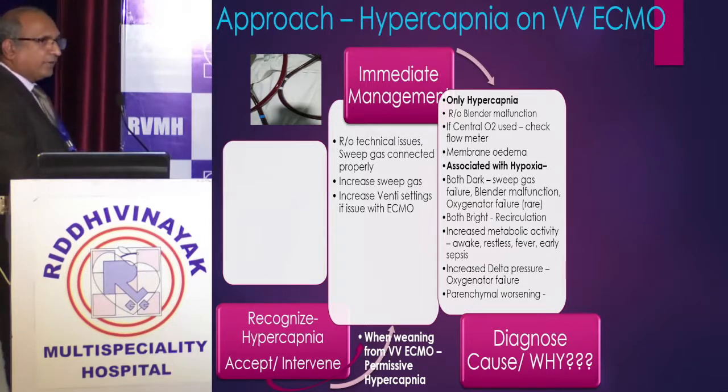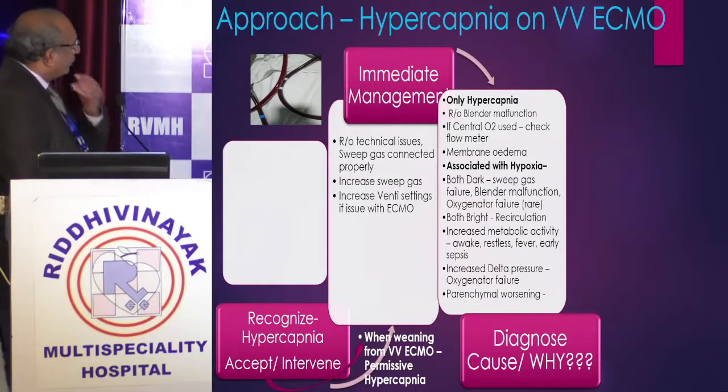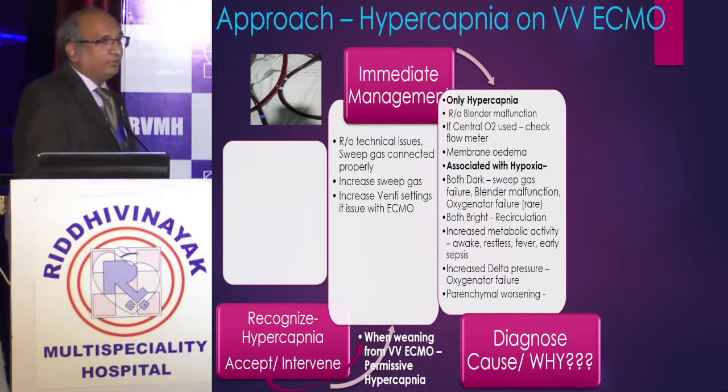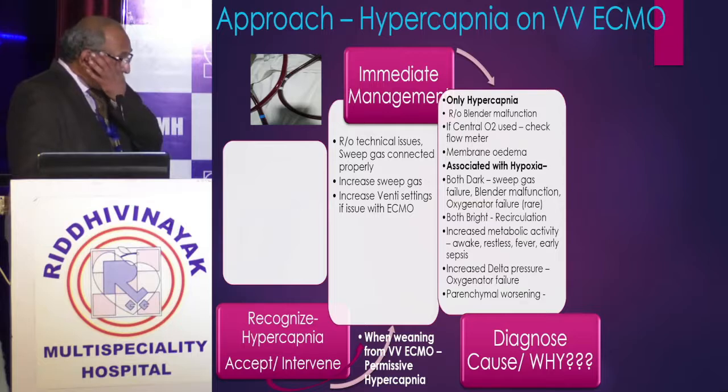If it is only hypercapnia, rule out blender malfunction. If the patient is on central oxygen with a flow meter, there might be some leak in the flow meter, or the third possibility is membrane edema. Okay. So you have to increase the sweep gas.